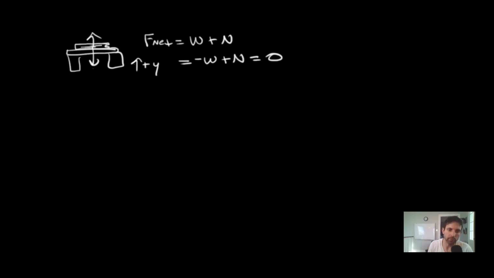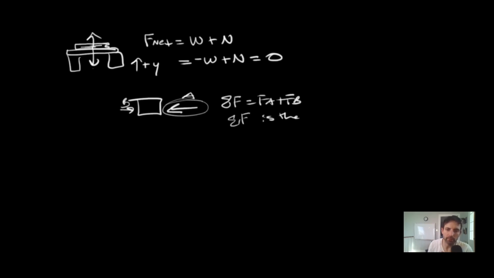If you had an object with a small force here and a very large force here, the net force would be in this direction, with a magnitude of the summation of those two forces, force A and force B. We would say that resultant force, or net force, is the influencing force, because that's the force that's going to have the impact on the object at the end.